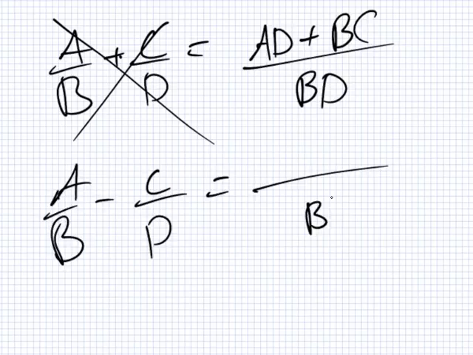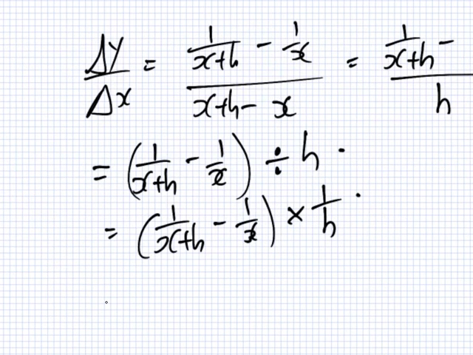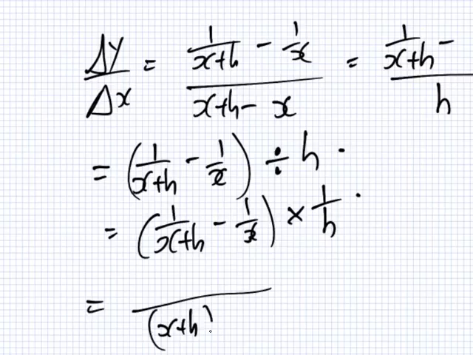It'd be bd on the bottom, and then ad minus bc. So we can add the fractions together this way. So here, this would be x plus h times x, and then x minus x plus h. Because when we multiply by 1, nothing happens. Multiply by 1 over h.